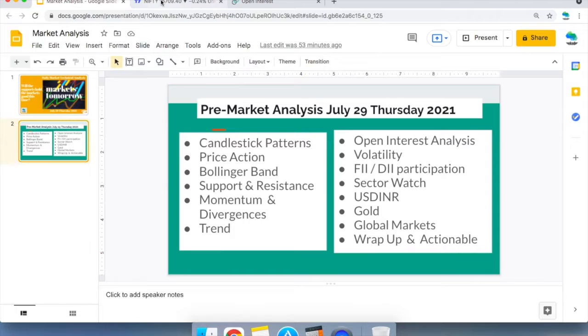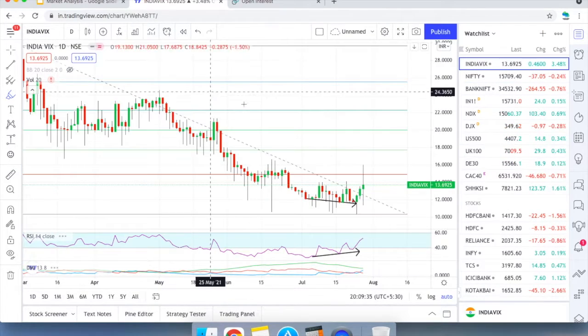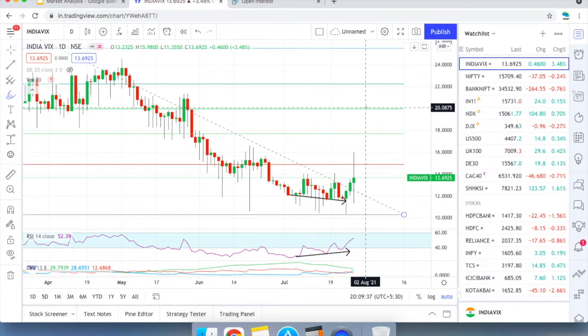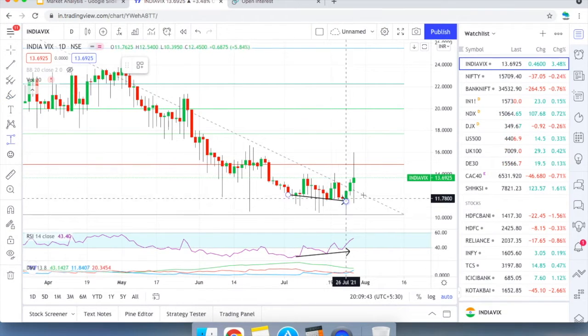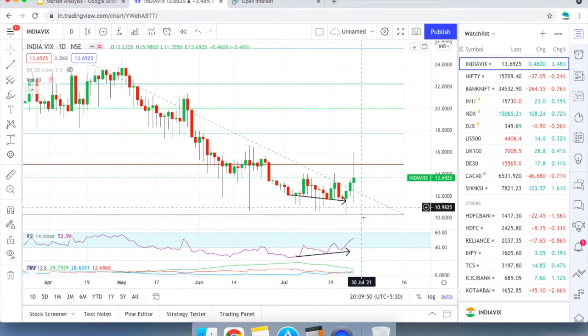Another major thing that happened today is VIX. The VIX shot up. What was the VIX price movement? The range, if you see, VIX shot up near 40% today.